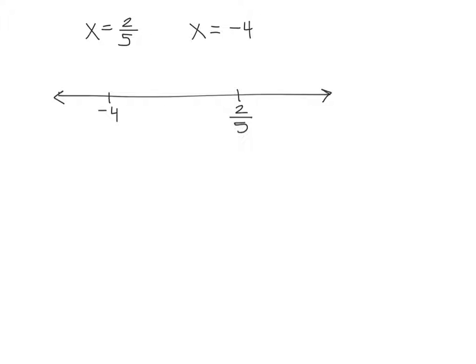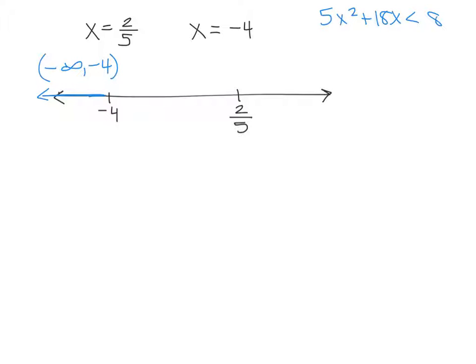We'll place the boundary points on a number line. This will help us create the intervals that we will test in our inequality. So the first interval is going to be negative infinity to negative 4. Now I'm putting parentheses by the negative 4 because our inequality had a less than sign in it.